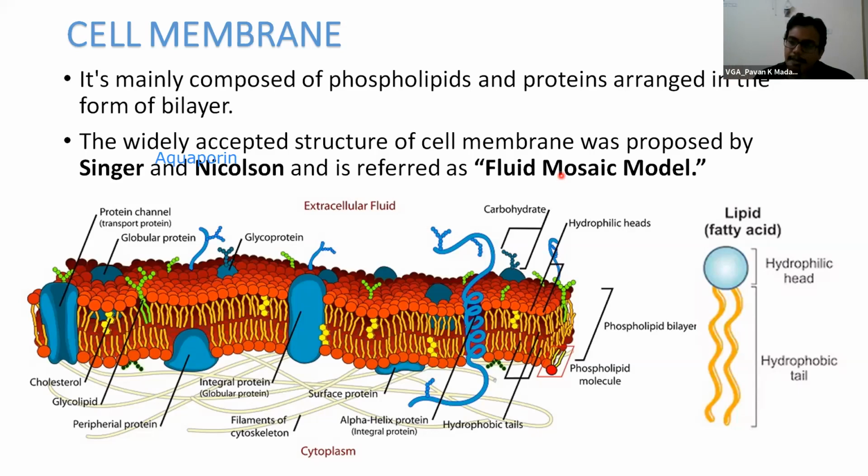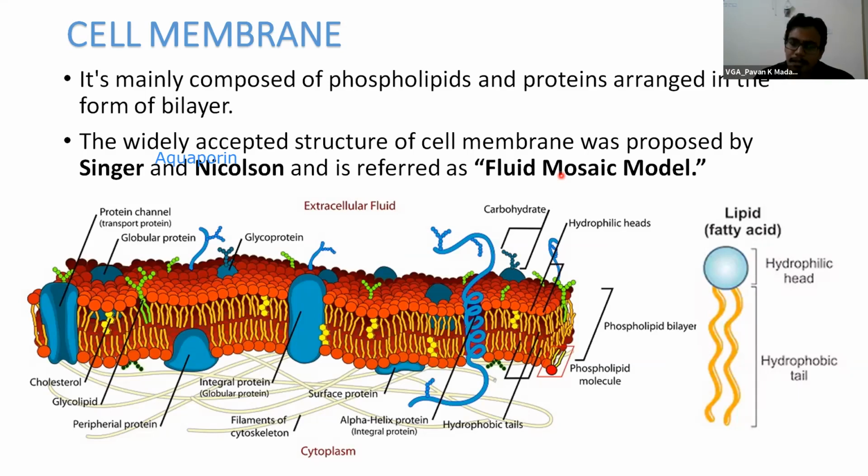So what is present in the cell membrane? Lipid molecules, phospholipid molecules. How are they present? In the form of a bilayer. And these molecules are free to move from one place to another.